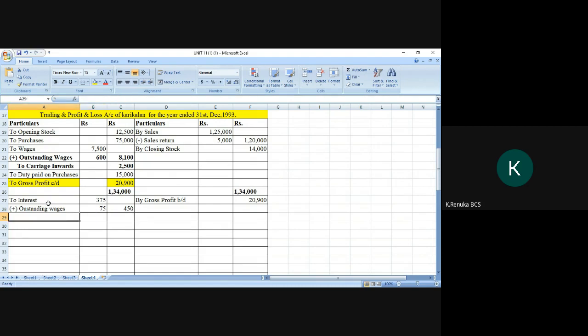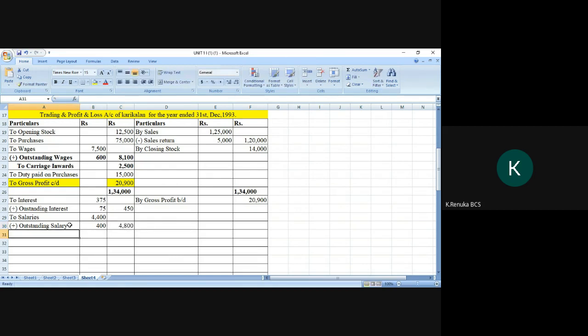Next expense is salaries. For salaries also you have an adjustment, that is outstanding salaries. The salary value was 4,400 and your outstanding is 400. If you add both, you will get 4,800 to be posted in the outer column.